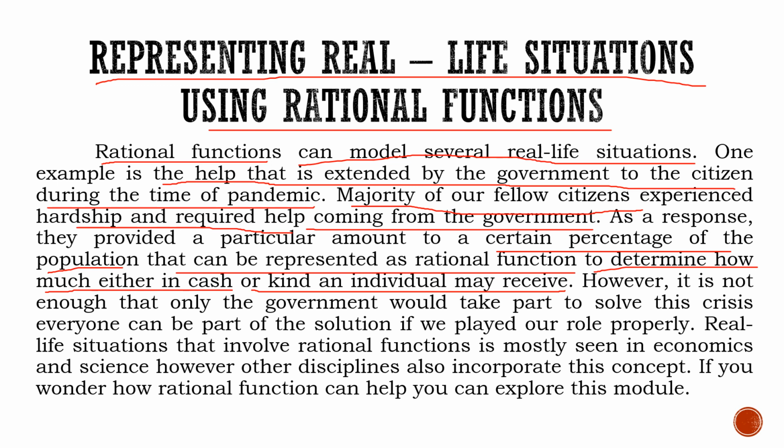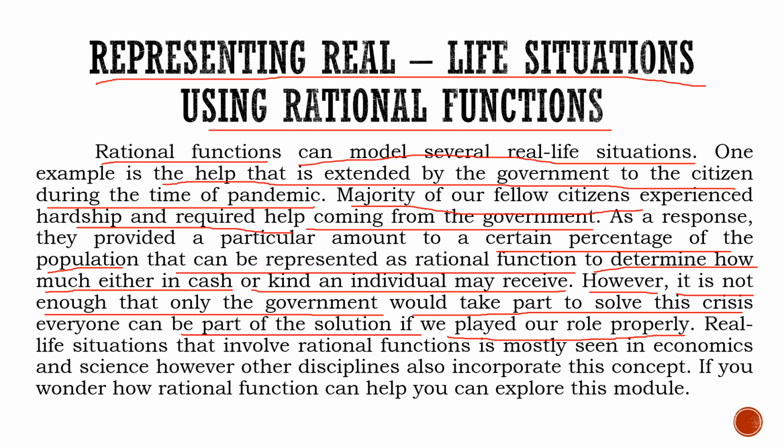However, it is not enough that only the government would take part to solve this crisis. Everyone can be part of the solution if we play our role properly. By this scenario, we can use rational functions to represent the ratio between the cash or in kind an individual may receive and the number of beneficiaries.